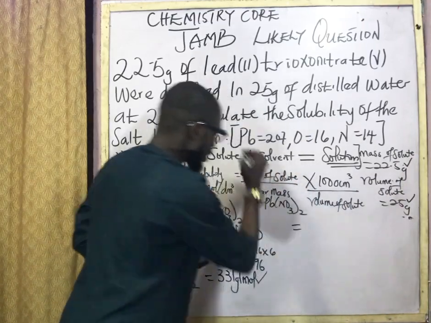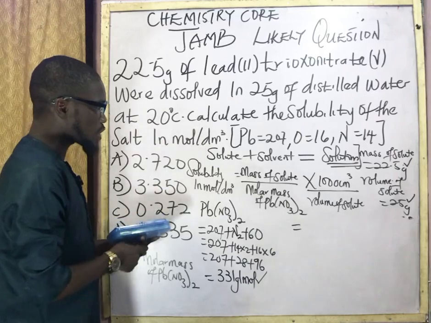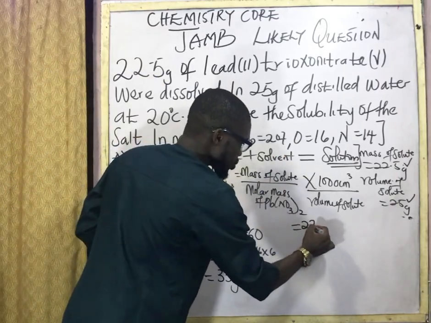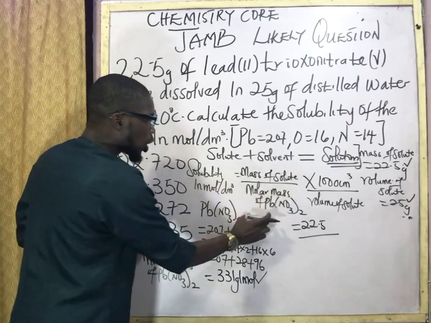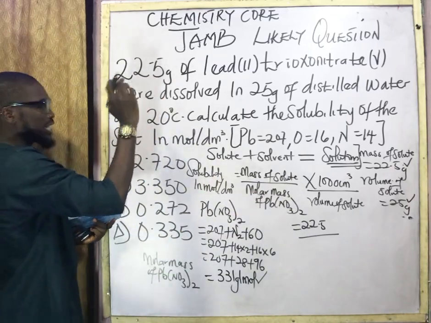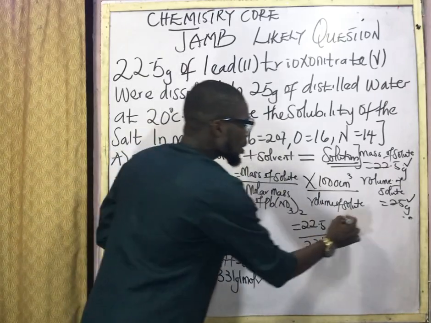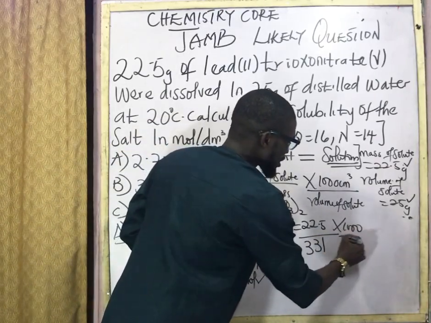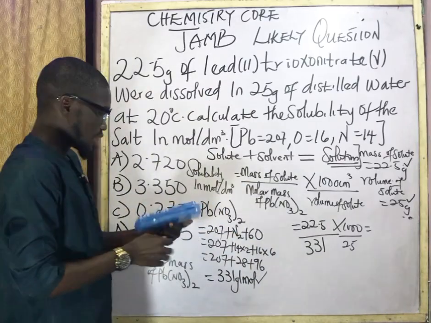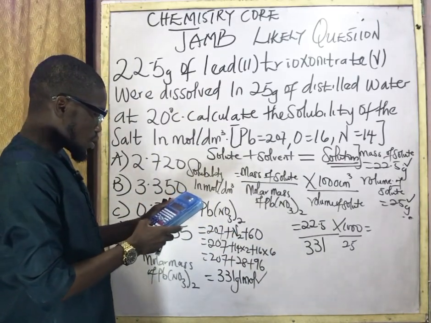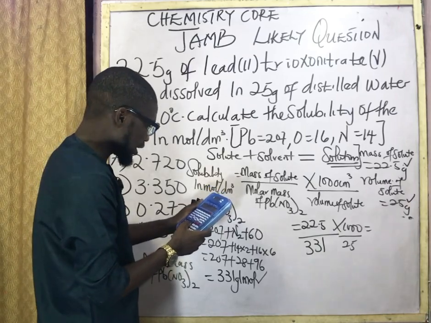Now, back to this formula. Solubility in mole per dm cube. Mass of solute is given to 22.5 divided by molar mass of lead(II) trioxonitrate(V), we have 331 multiply by 1000 over 25. So let's check. 22.5 divided by 331.